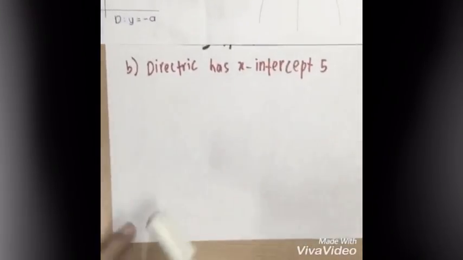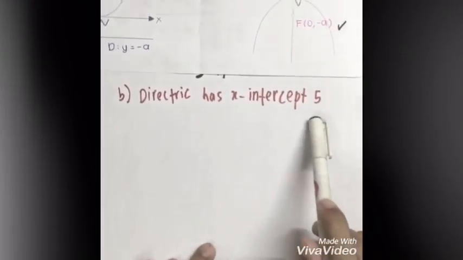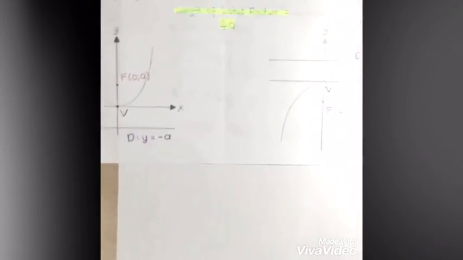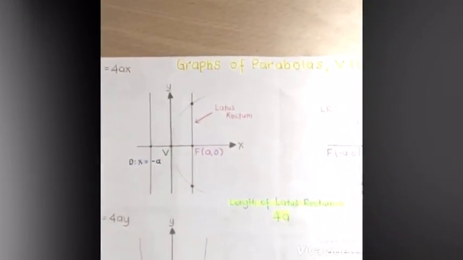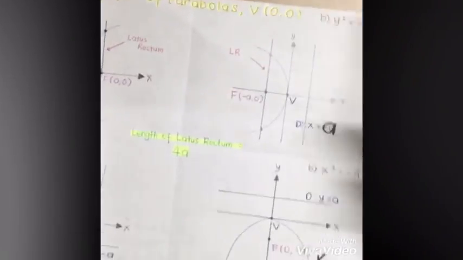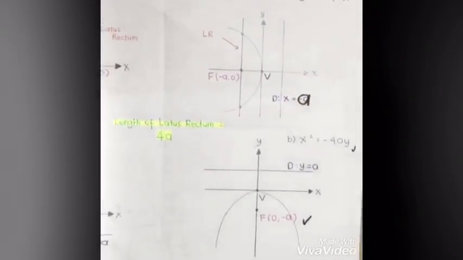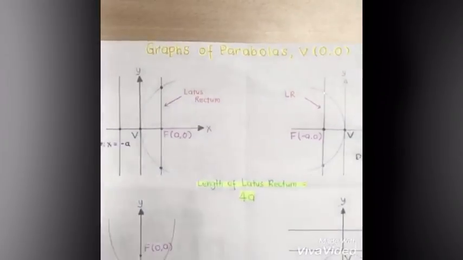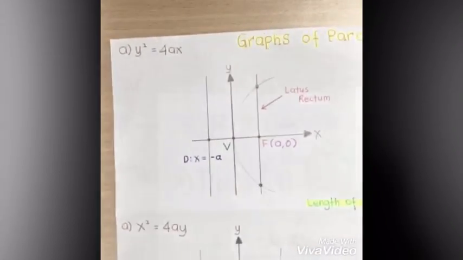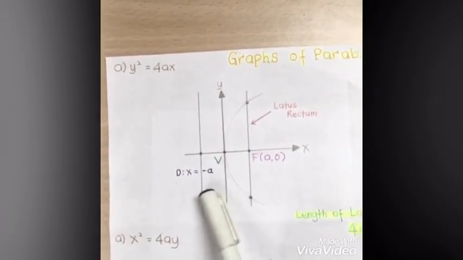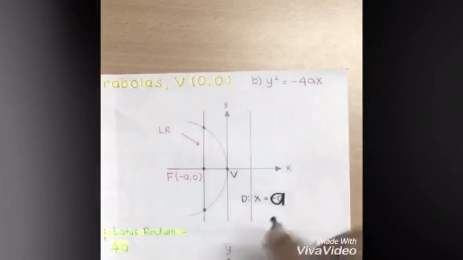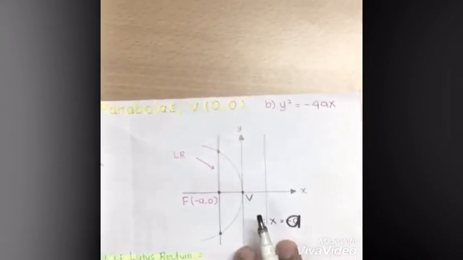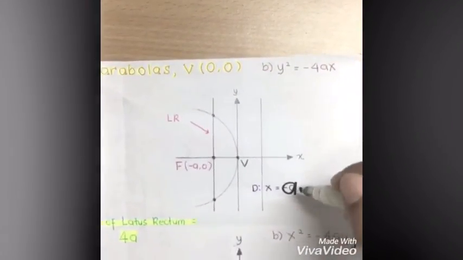For the next question, the directrix has x-intercept equal to 5. From this, we need to find the graph whose directrix has an x-intercept with a positive value. Between these two graphs, for this one the x-intercept value is negative, so we cancel out this one and move to the other graph, where the directrix has a positive x-intercept.